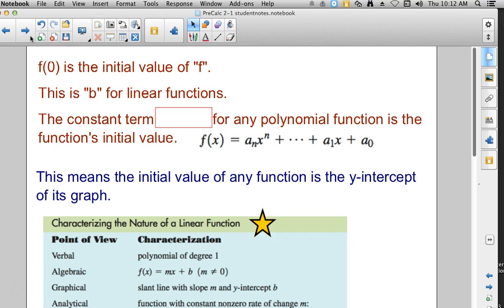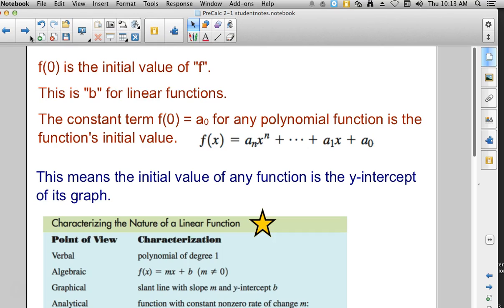So back when we were doing y equals mx plus b, b is what we get when we put a 0 in for x. The constant term, f of 0 equals a sub 0 for any polynomial function, is the function's initial value. Why did they make that hard? All you have to remember is wherever there is an x, it would now be 0, because anything that you multiply by 0 is 0.